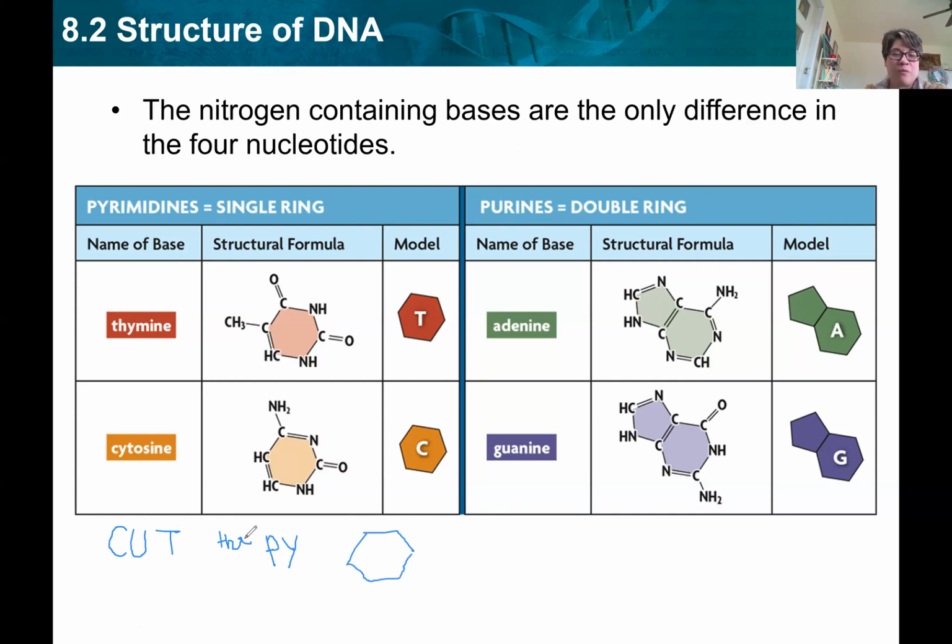So what I wrote here was a way to remember which ones are pyrimidines, or which ones are the single ring. So we have the C is the single ring. There's your C. The T is a single ring. There's your T. These 2 are the single rings. Cut the pie, pyrimidine. But U is also a pyrimidine, and that's in RNA. So we'll learn about U later, but it's another pyrimidine. And then the other 2, A and G, are purines.